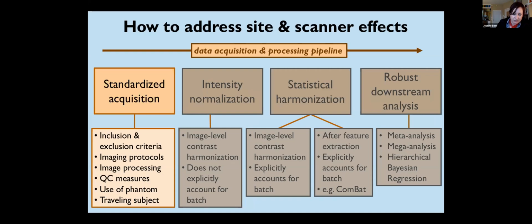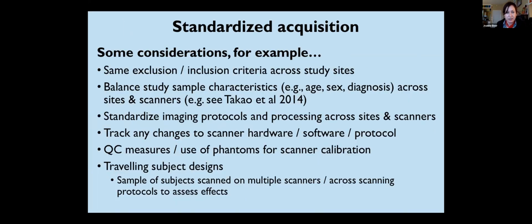So just to talk about standardized acquisition, for example, things to consider would be: you want to have the same exclusion and inclusion criteria across study sites, obviously. And even if that's the case, you still want to aim to balance the study sample characteristics across sites and scanners, so hopefully those distributions are similar.